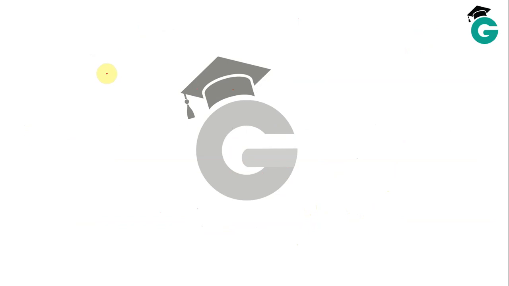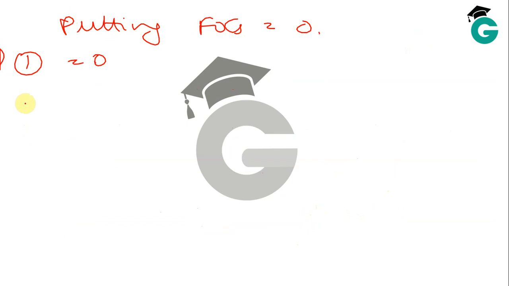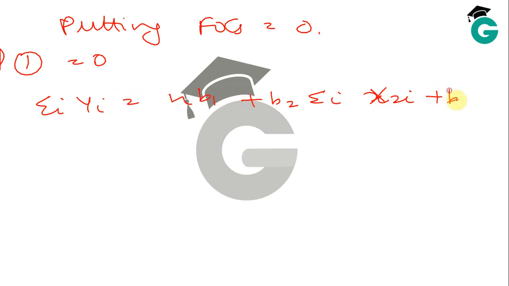Okay. Now, putting the FOC equal to 0, right? So when you put the first one equal to 0, what would you get? You would get summation i yi equals n b1 plus b2 summation i x2i plus b3 summation i x3i, right?